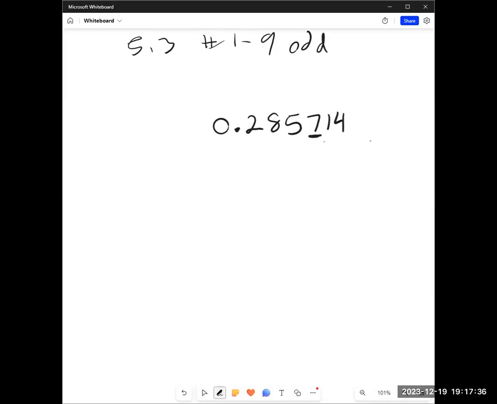We do not read this mathematically as 0.285714. That's not how we should read this. We should take into account decimal places: tenths, hundredths, thousandths, 10,000ths, 100,000ths, millionths. So this is 285,714 millionths. That's how we should read that number.